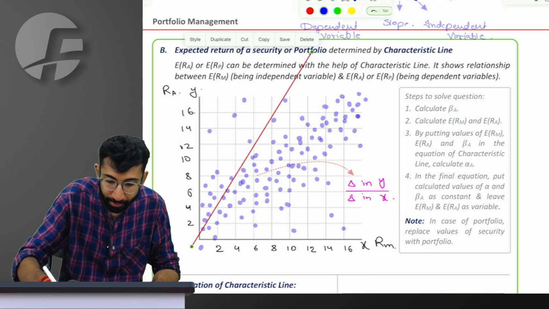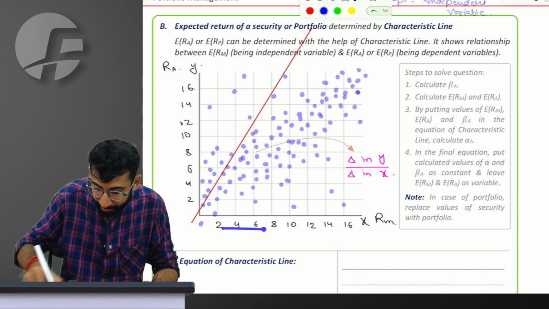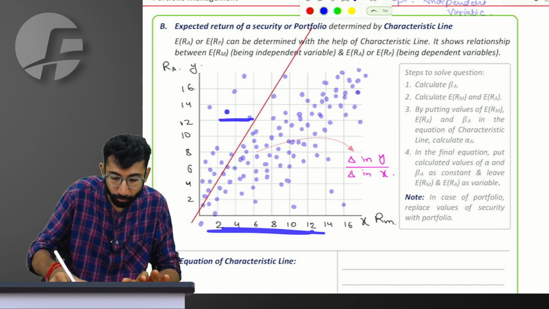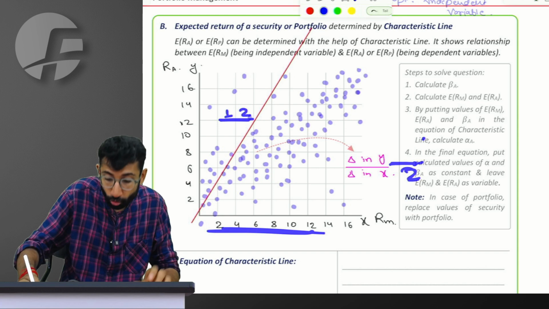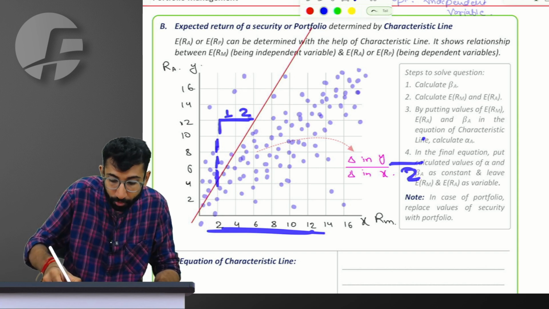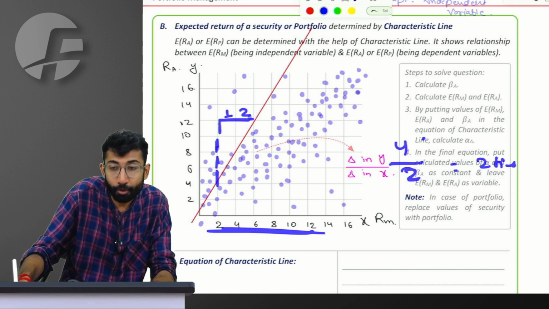If this would be the line, can we say due to change in x, this is the x axis, how much x has changed? For example, 2 blocks, block 1, block 2. Due to change in x, which is by 2 blocks, the y has changed by 4 blocks: 1, 2, 3, and 4. It has a slope of 2 times.